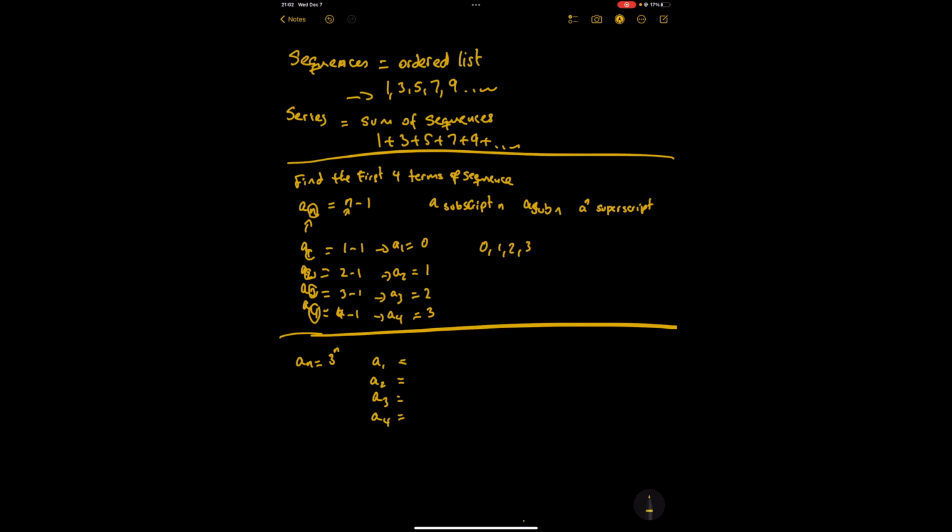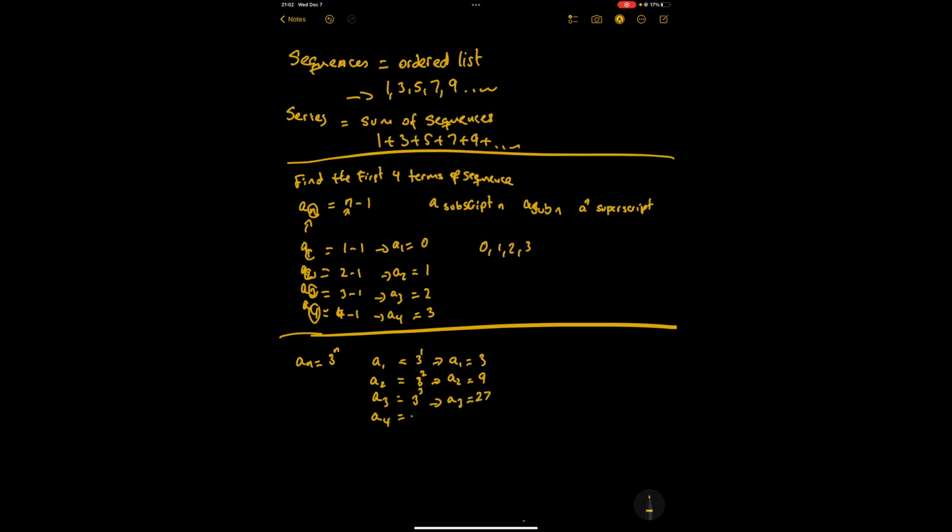So a1 will be equal to 3 to the power of 1, which means a1 equals 3. a2 will be 3 squared, which is a2 equals 9. And you can already see what that would be like. This would be a power of 3. a3 would be 3 cubed, which is a3 equals 27.